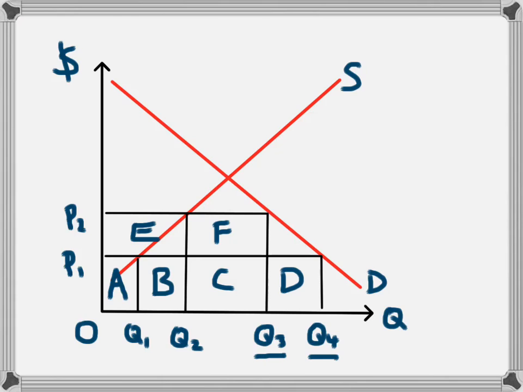So now domestic consumers have less products. They went from Q4 to Q3, and they pay a higher price. So overall, as a result of imposing tariffs, consumers pay a higher price and they're able to consume less products, which decreases their standard of living.